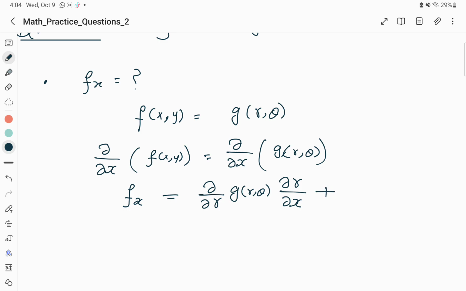But still we are not done, because this g is also depending upon theta, and theta is in turn depending upon x as well. So I will write the partial derivative with respect to theta applied on g, and in turn the derivative of theta with respect to x.